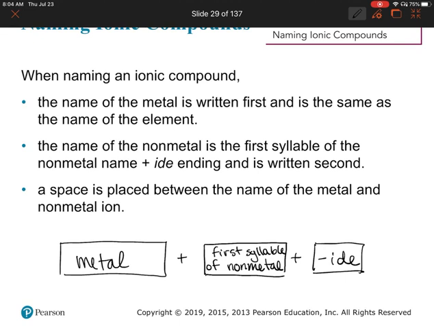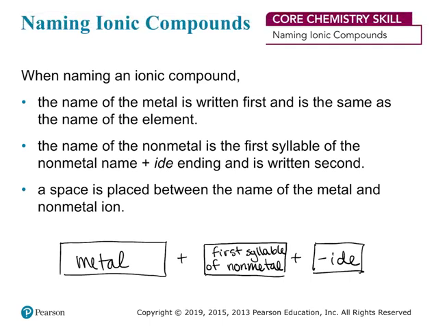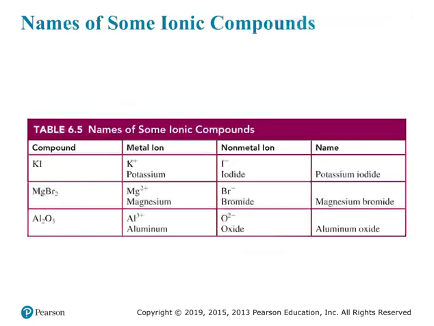So if you're making flashcards, on one side you could write how to name an ionic compound, and on the other side you could write these boxes. And at least that's a little less wordy. All right, so not too bad.